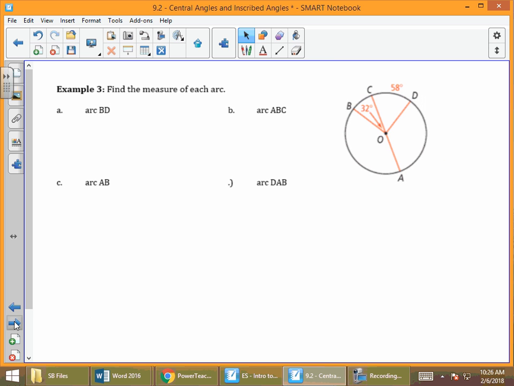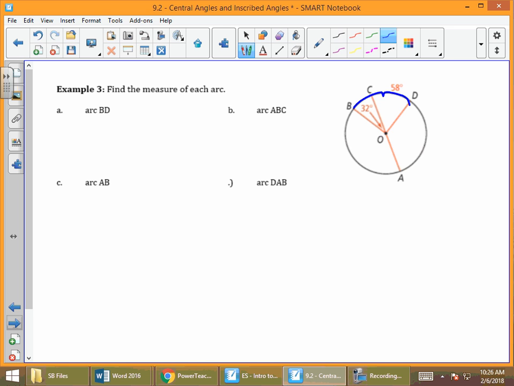For example, it says find the measure of each arc. So this is kind of like figuring out a puzzle. For A, we want to find the measure of arc BD. That entire arc right there, that blue arc. How can we find the measure of BD? Yeah, it's 90.